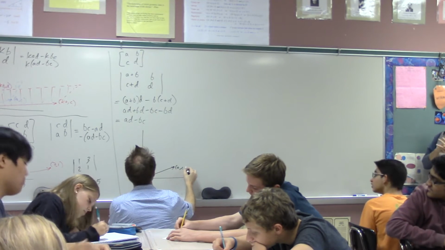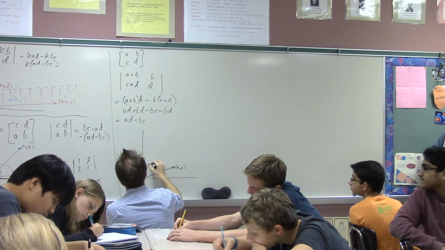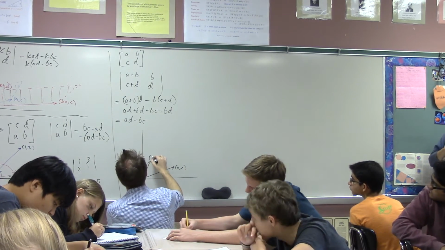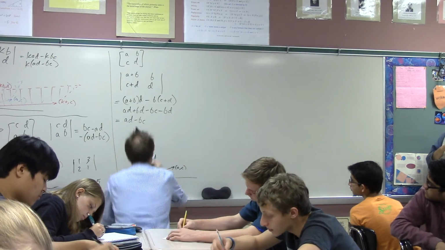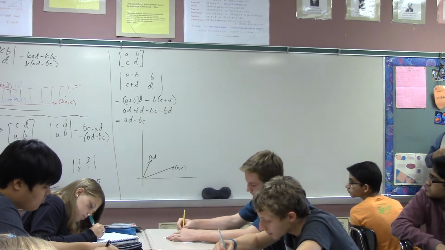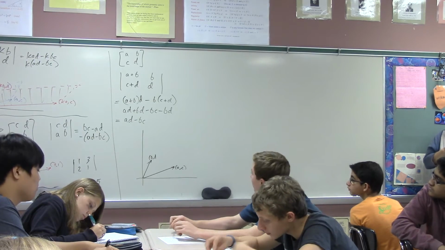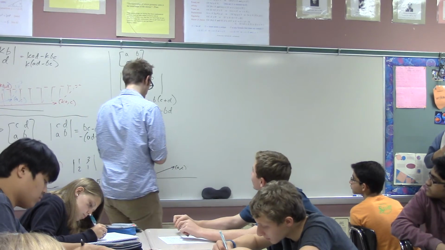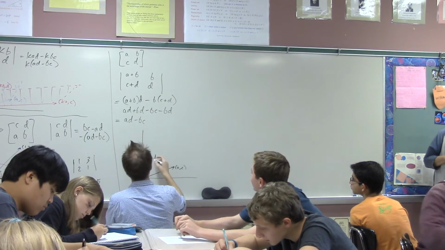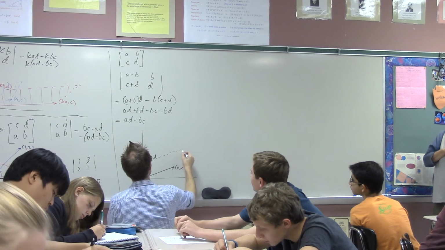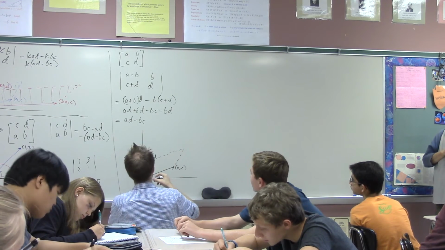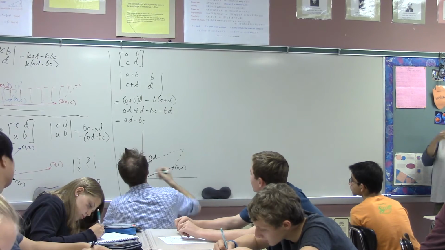So here was the original. Again, I'll draw the original guy. So that's AC and BD. This was the original parallelogram, right? Color that in green.